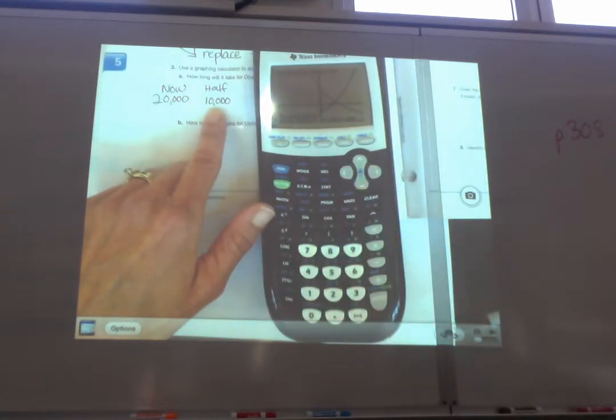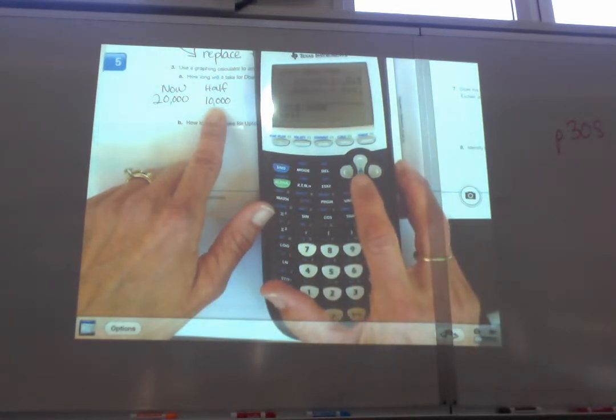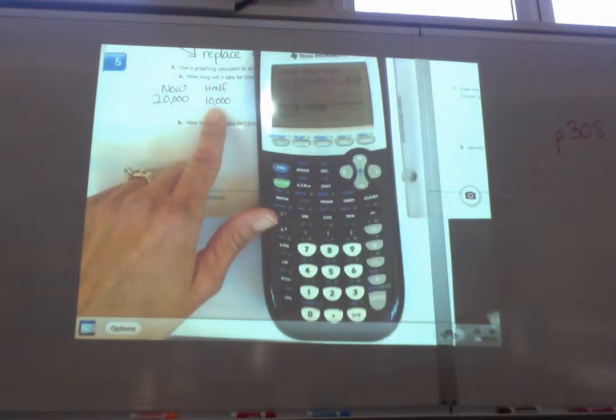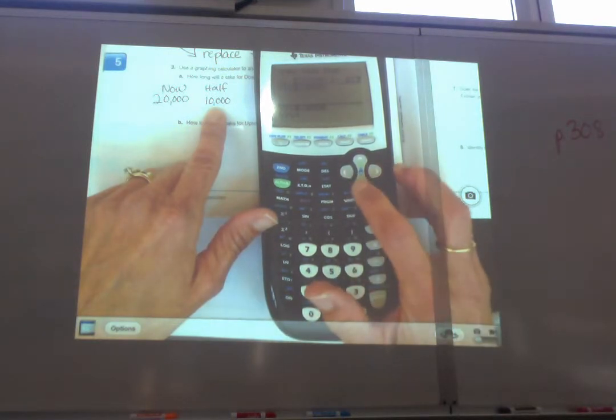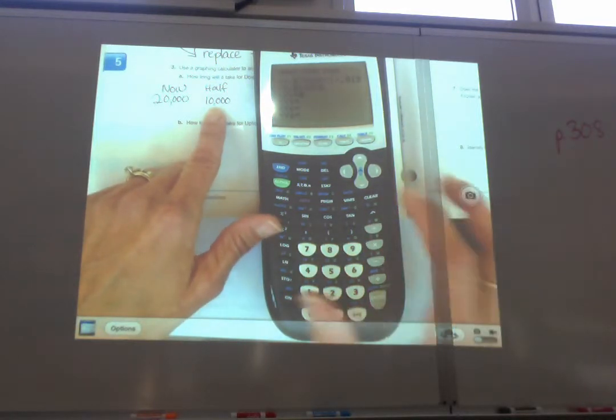All right. I'm sure there's a way to do this with both in there, but since we're only interested in downtown, I think I might have to take uptown out. Okay, so I went back to y equals, I'm going to clear out uptown. I'm going to put the 10,000 in as y2, and then clear out the y3. That way, I know how to do intersect when there's only 2 things in there.